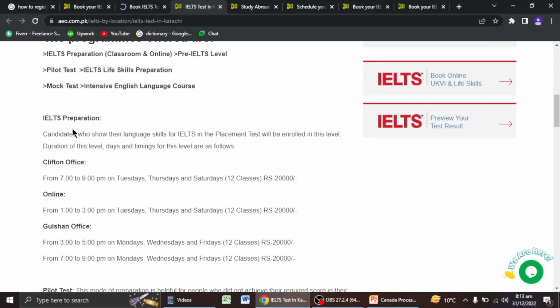So they also offer classes if you feel like you're underprepared for the IELTS exam. Now, many people, if your English is not very good, I think you basically need to work on that first, because it's really important for you to be comfortable with the language in order to take this test.